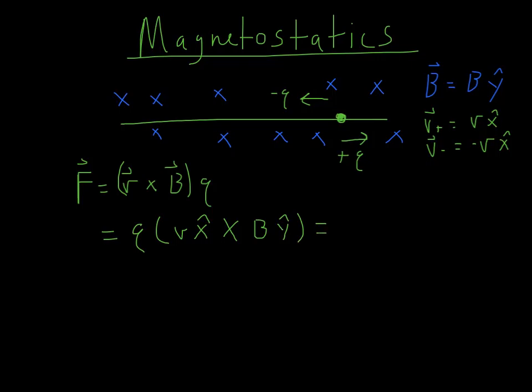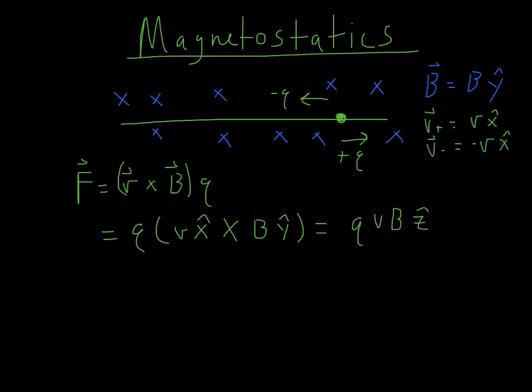Okay? And x hat cross y hat is going to be z hat. You can use your right hand rule here. If you point your fingers in the direction of the charge, you're going to curl them in the y direction into the screen that you're looking at, and your thumb should be pointing up. And so what you'll get is Q V B z hat.